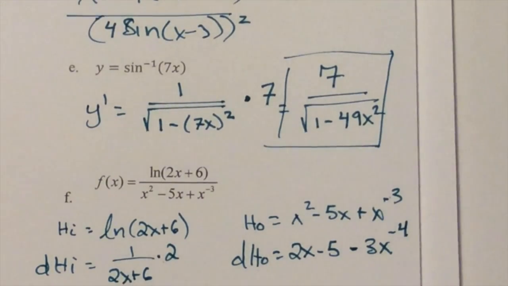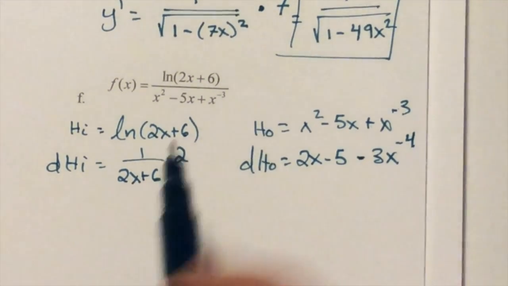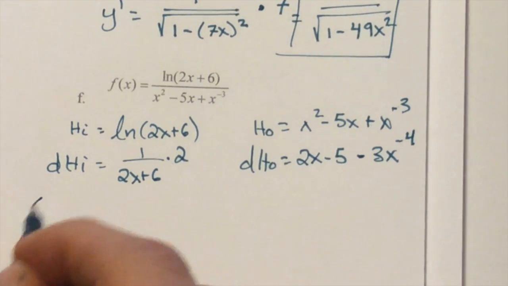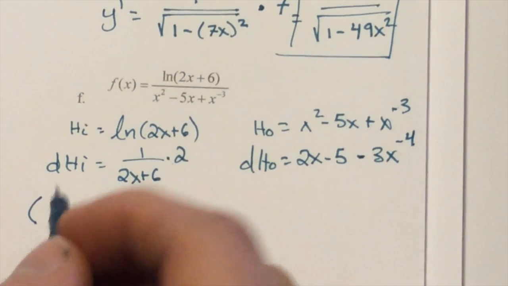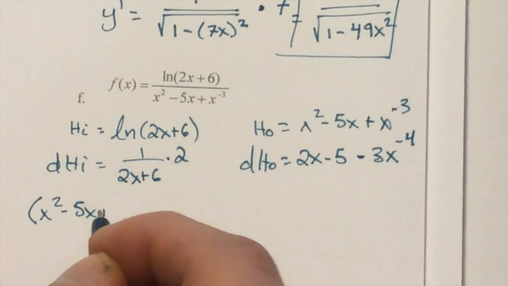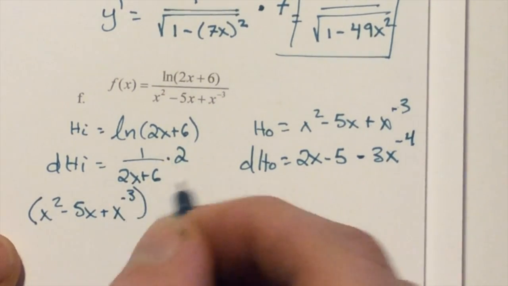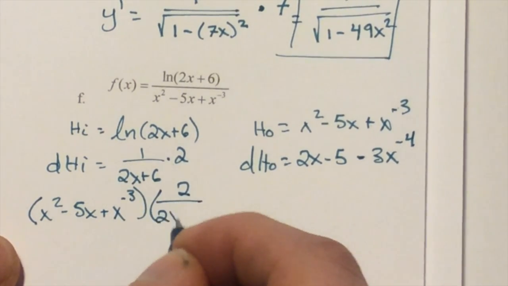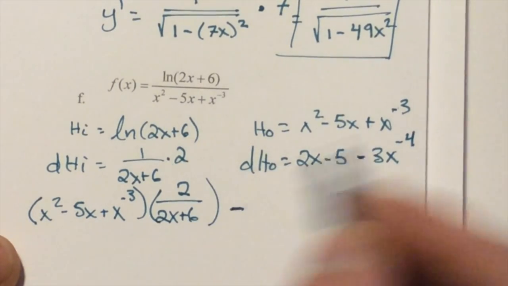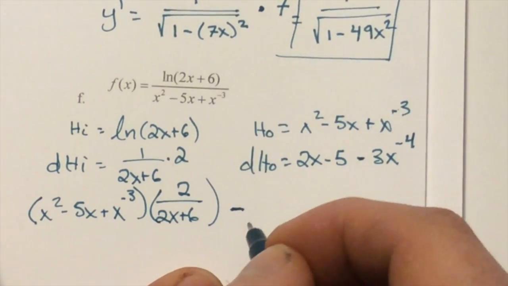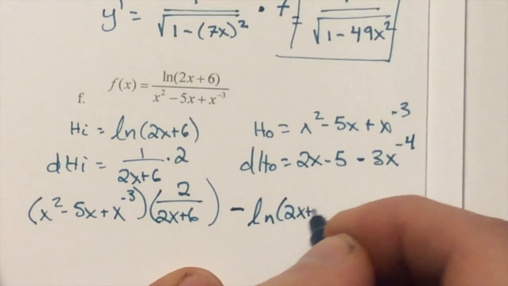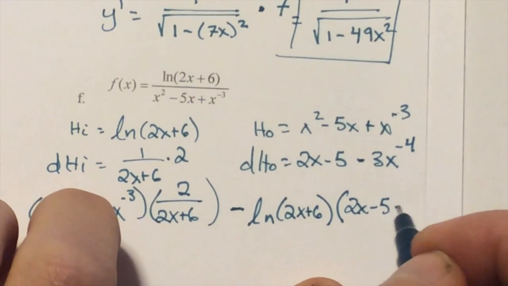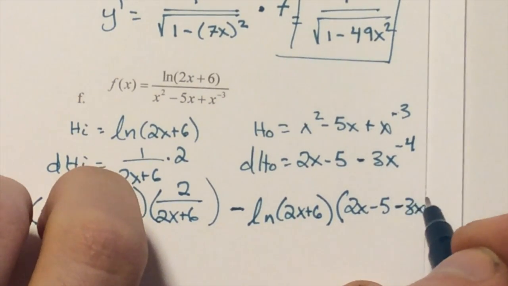If I write out my quotient rule, it's as simple as ho d high. So I have ho, x squared minus 5x plus x to the negative third, d high, times 2 over 2x plus 6, minus high d ho, ln of 2x plus 6 times 2x minus 5 minus 3x to the negative fourth.